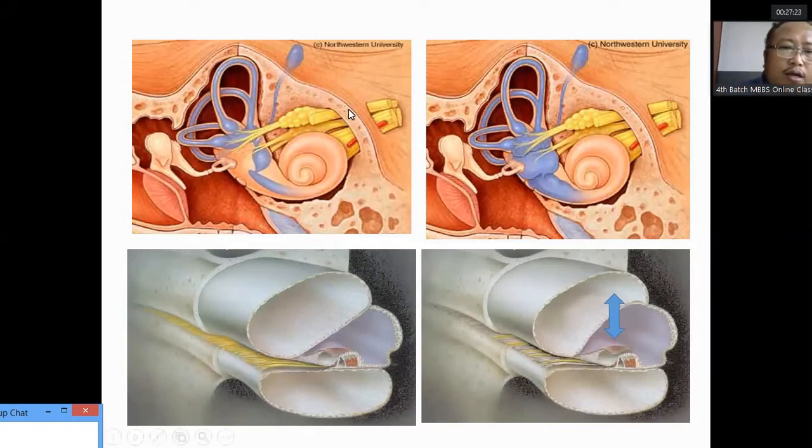So let's get to the picture. In the first picture, this is the normal inner ear, but in the second, this is the area of the lymph system where there is a bulging. You can see this is the small area and it gets bulged.